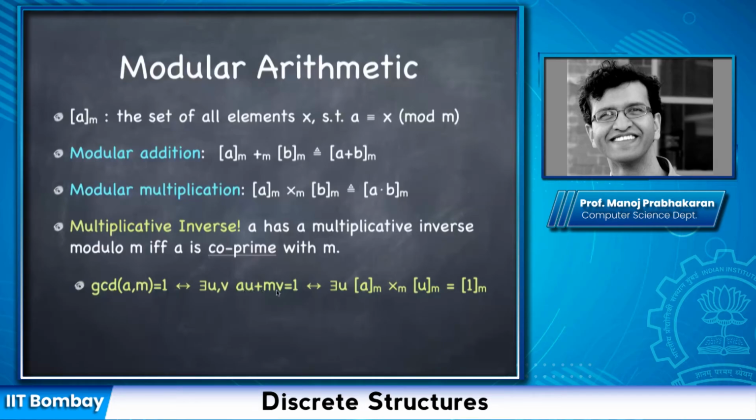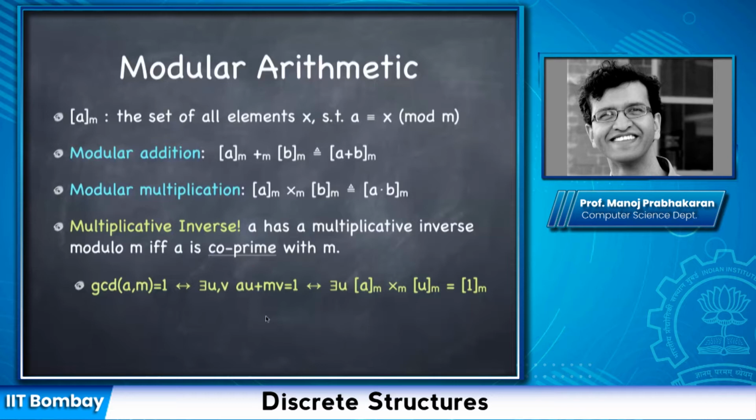And if this is true for integers, then just by looking at the columns where these integers fall, by the definition of addition, the column AU false plus the column MV false is the column 1 false according to the addition of columns.